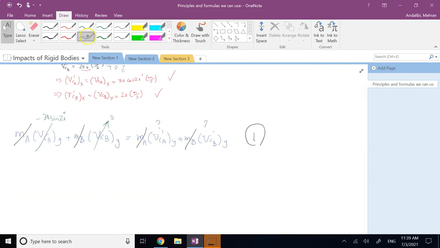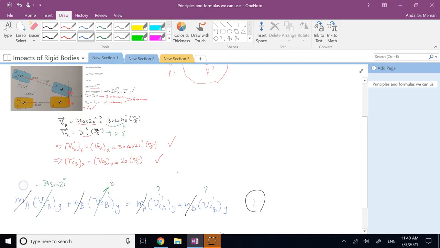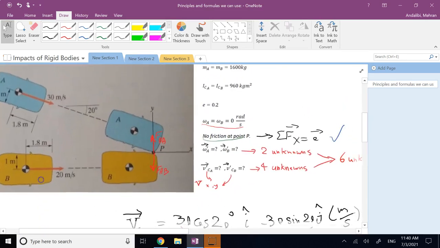So now I say that the angular momentum of object A about point P is going to be constant, which means whatever it was before impact is going to be whatever it is after impact. Okay, and now what do I gain from that? Well, what is the total angular momentum of object A before impact about point P?